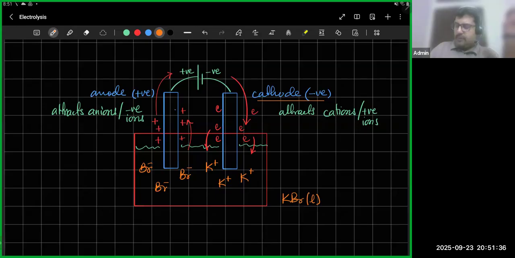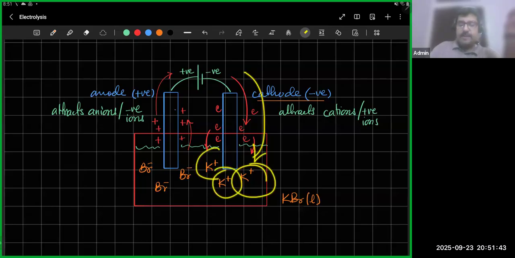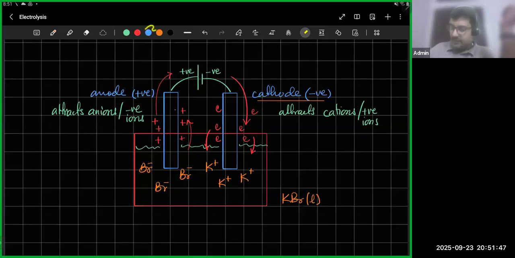The battery is going to throw electrons at them, and the potassium positive ions which are getting attracted to it would end up gaining electrons. So your potassium ions will get electrons from the battery and they will become neutral.